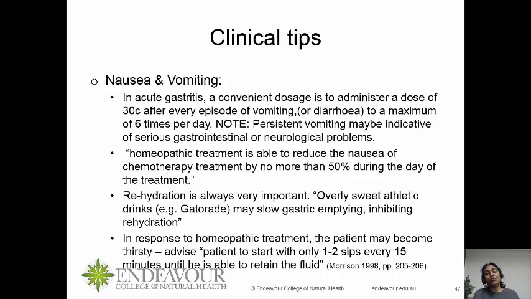Now, one thing good with homeopathy is we are not actually diagnosing the condition as to what it is. For us, what is important is the symptom.